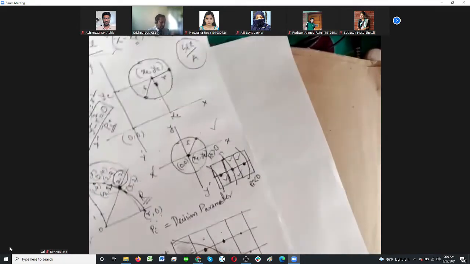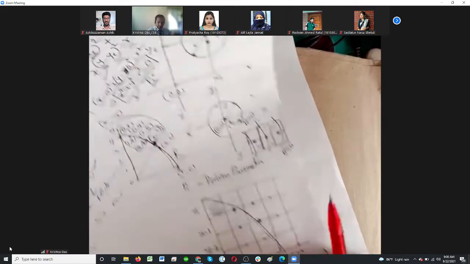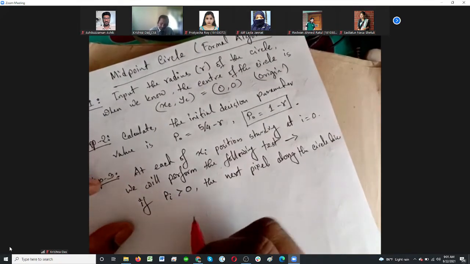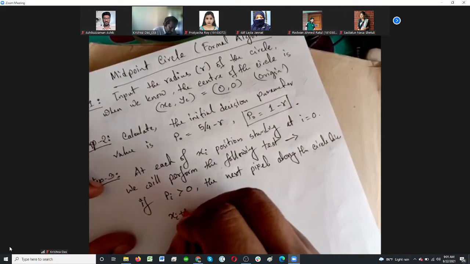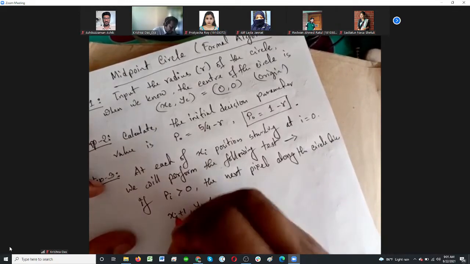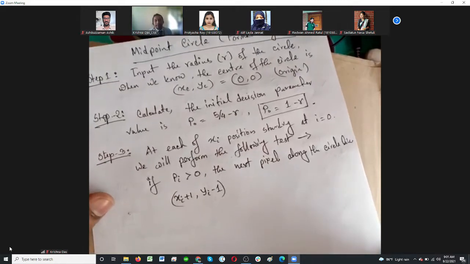When the midpoint is outside the boundary, it is better to take the lower one, so the pixel that we are picking is the lower one, x i plus 1 and y i minus 1, right? The lower one, where the y coordinate value is lowering.